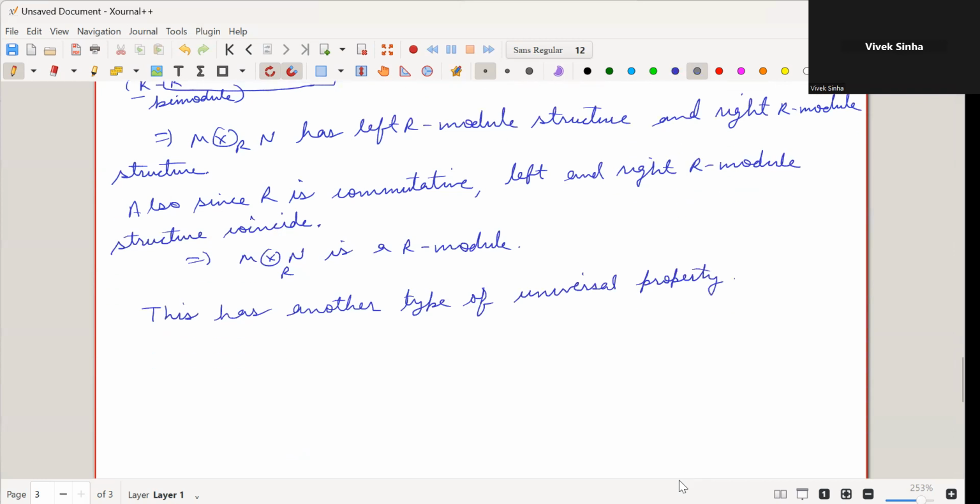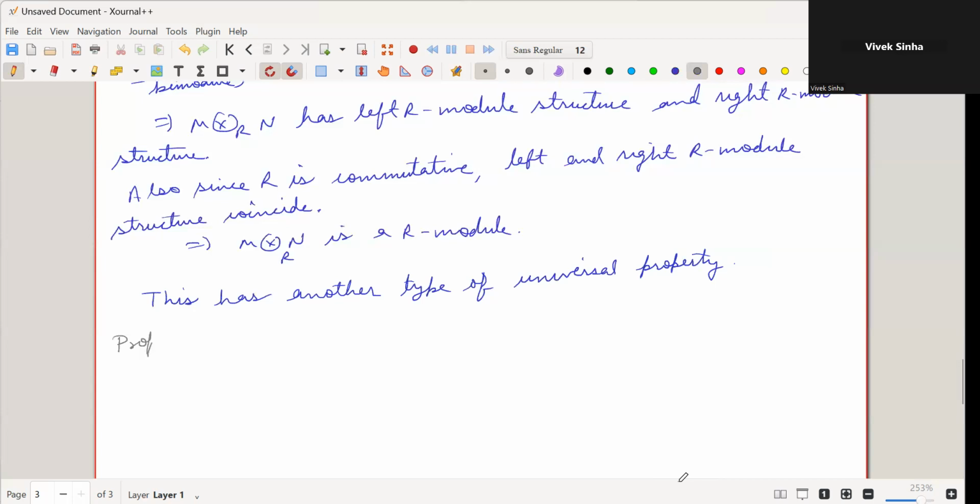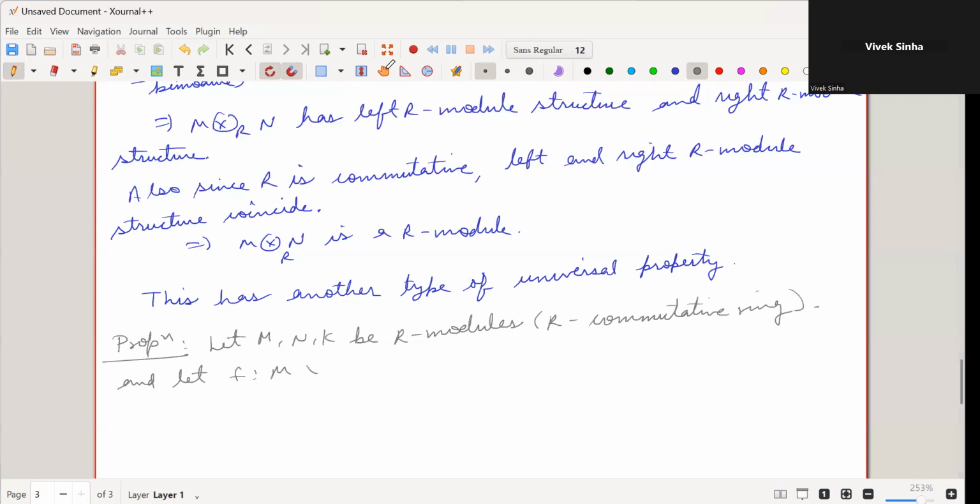That is, proposition: let M, N, and K be R-modules, R being a commutative ring, and let f from M cross N to K be R-bilinear.